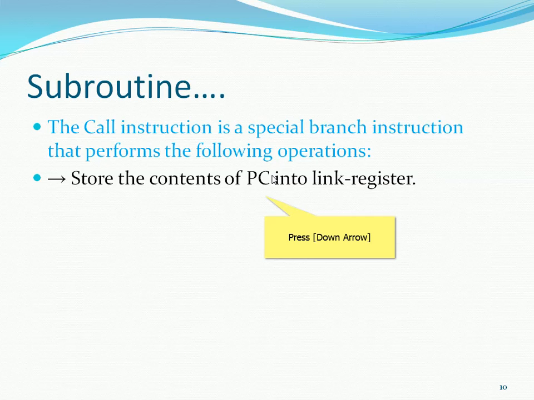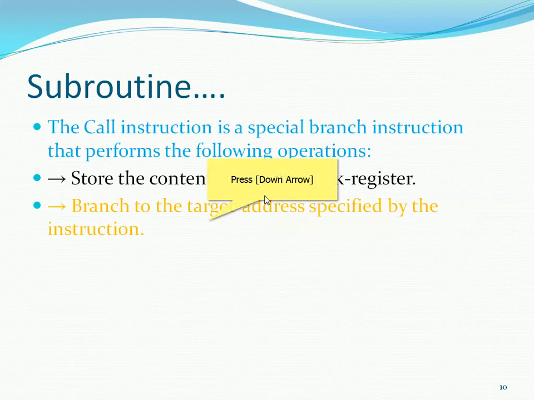The content of the program counter tells the address of where the subroutine begins. Then it branches to the target address specified by the instruction. So the target address, where the subroutine begins, will be loaded onto the program counter.